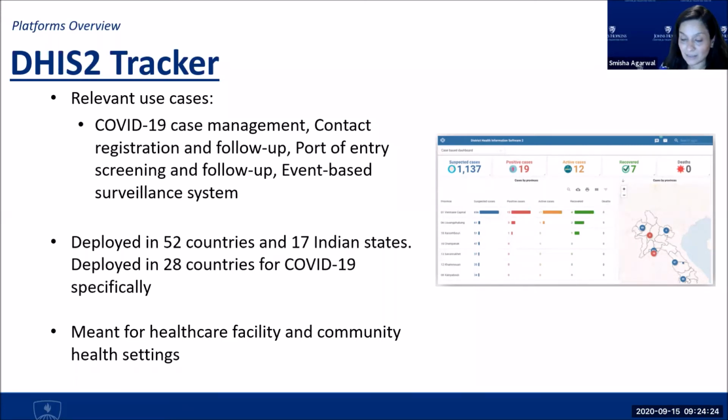In practice, the DHIS2 Tracker is used for tracking individual data and can be used in a community or facility setting. DHIS2 Tracker as a whole is deployed in 52 countries and 17 Indian states, and the COVID module in about 28 countries. They also have several mature use cases developed and ready to go. One of the strengths of DHIS2 is that it has a fairly advanced community of practice, and it's easily configurable with a multitude of features.